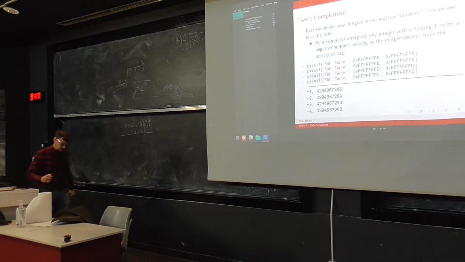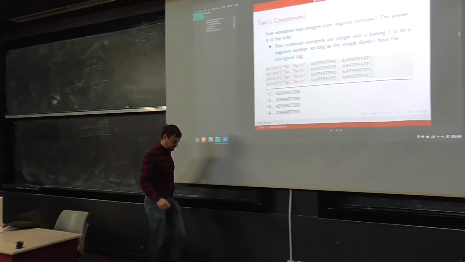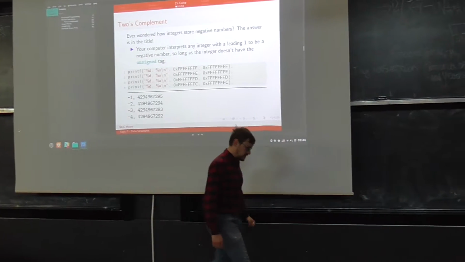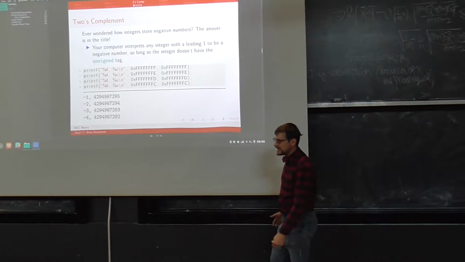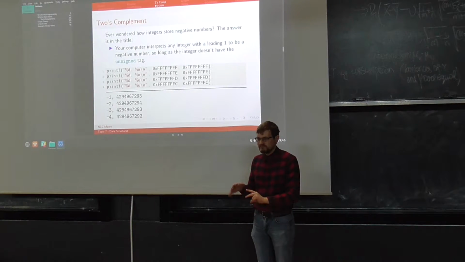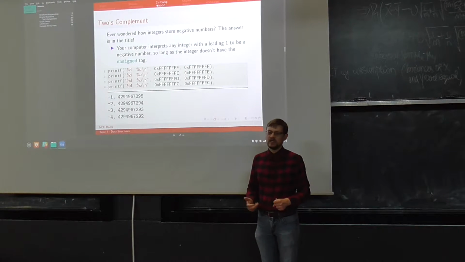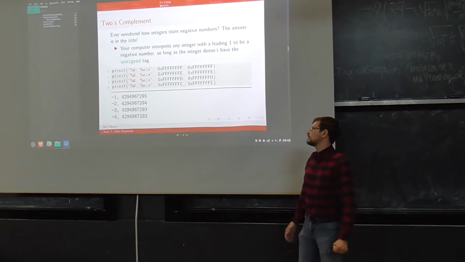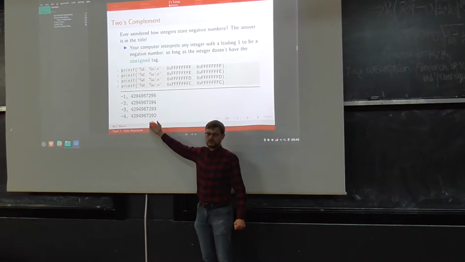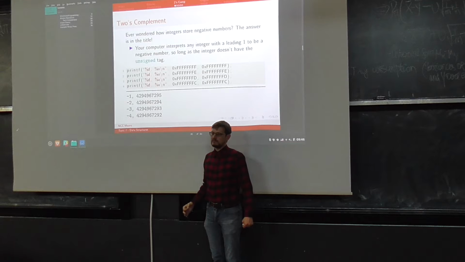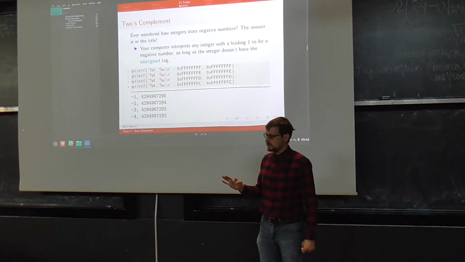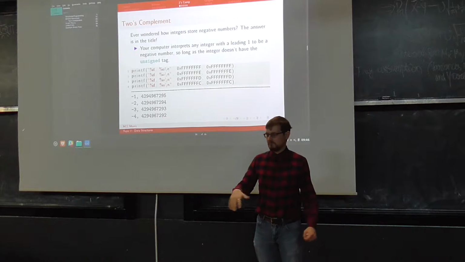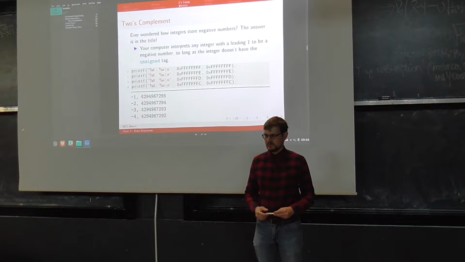So some of you may have noticed that sometimes if you are applying the wrong type of print tag to a negative number, it may look like it's very, very large, right? This is due to the manner in which negative integers are encoded inside of essentially all computer systems.